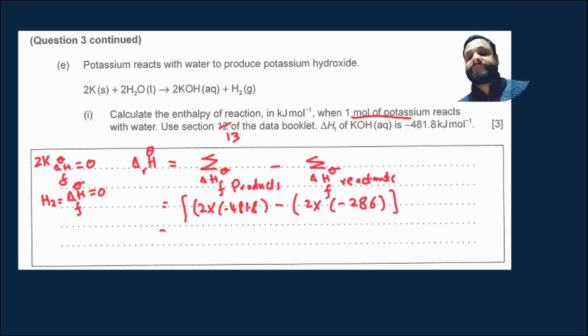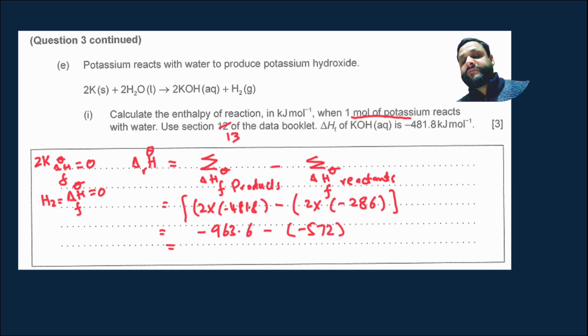Let's solve this. 2 times minus 481.8 gives me minus 963.6, minus 2 times minus 286, which gives me minus 572.